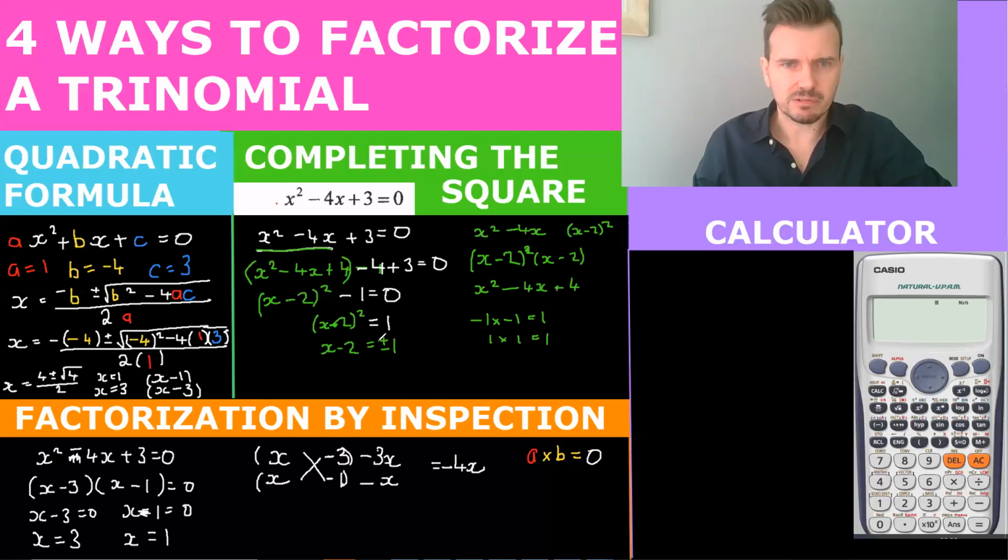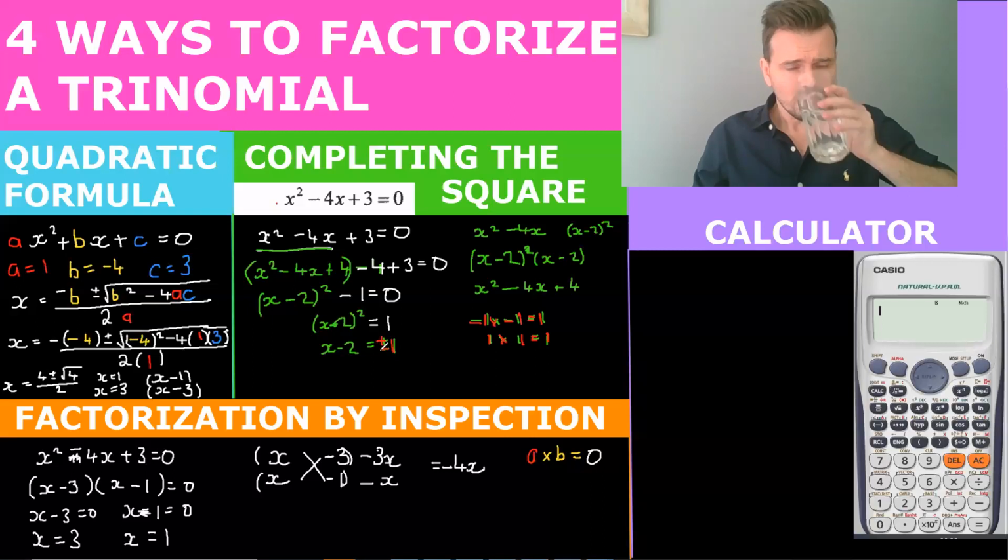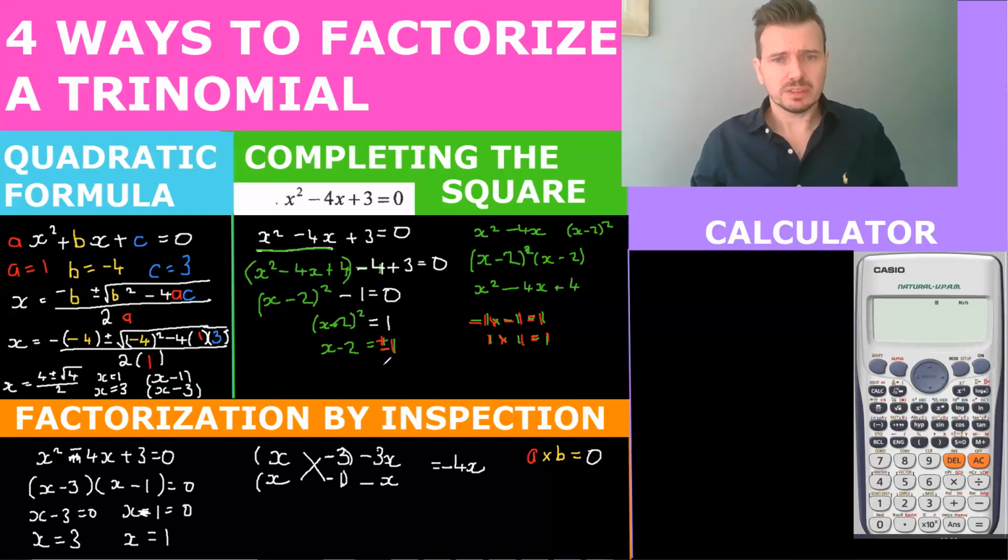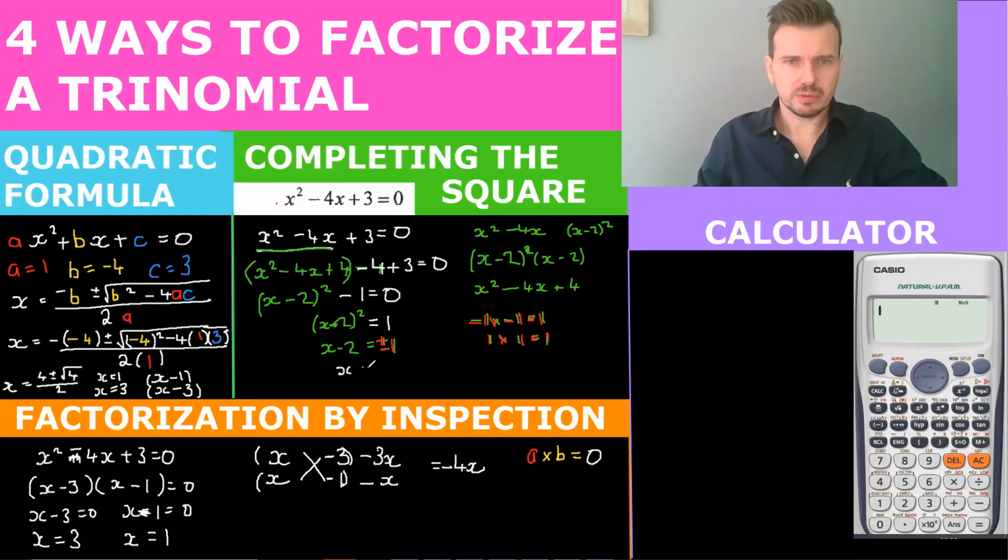So let me put that in red, just so that we can see why that is the case. Now the last bit is to take the 2 over, and it becomes x equals 2 plus or minus 1.